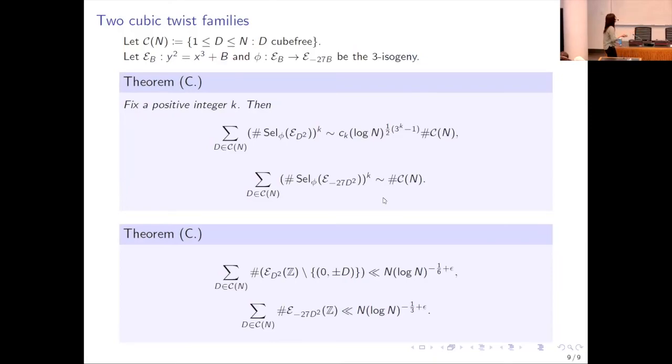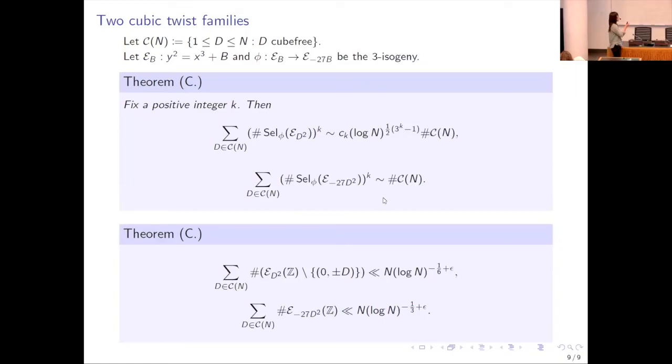And it turns out that in this case, you can do a very similar thing as what I did for the congruent number curves, because there's an isogeny. You could take the rational 3-isogeny, and if you look at the phi Selmer groups of these curves, you will get some very explicit cubic forms, which you could write into a cubic character sum.